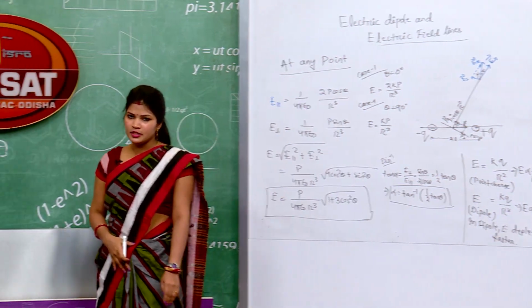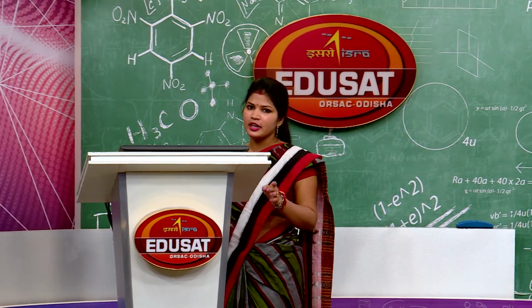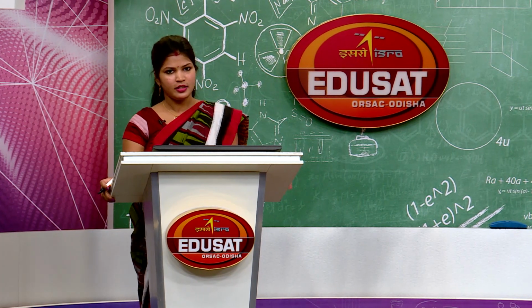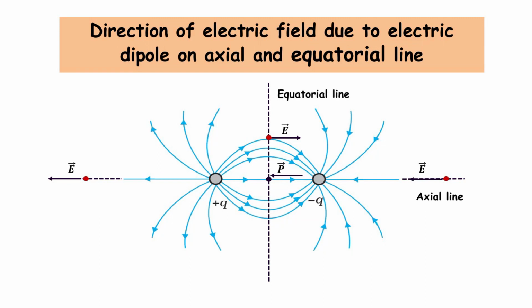Let us move to the slide. Here you can see the direction of the electric field on both the axial and equatorial lines, and also the E versus r graphs for a point charge and for a dipole. On the axial line, the direction of the electric field is along p, that is from minus Q to plus Q, and on the equatorial line, the direction of the electric field is opposite to p, that is opposite to the dipole moment.